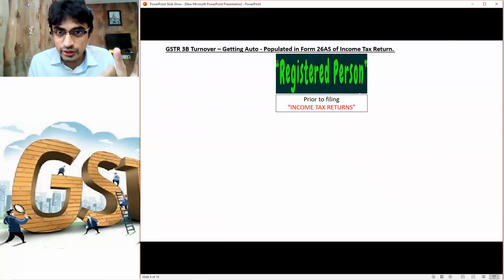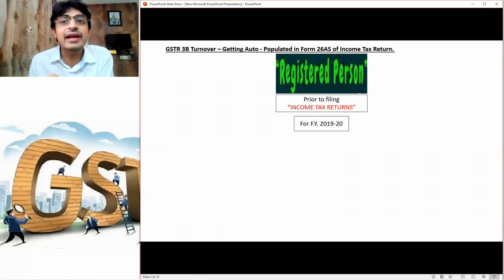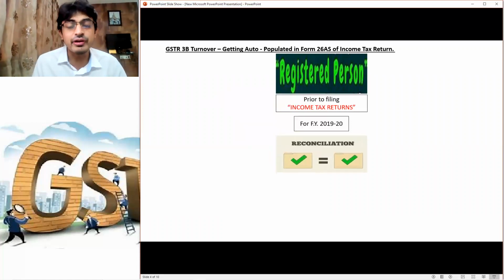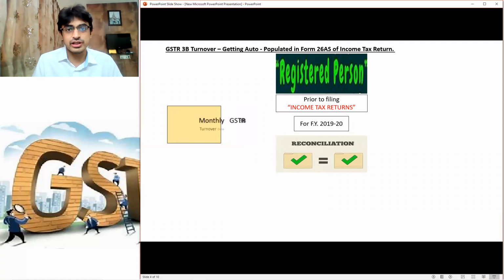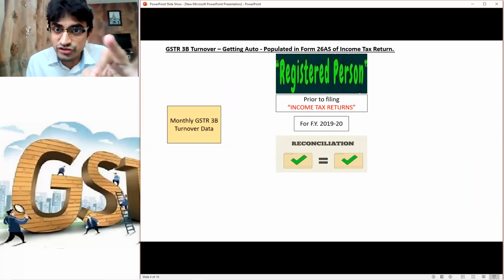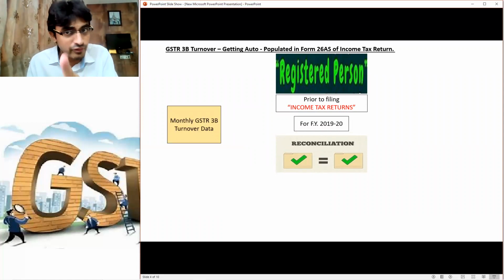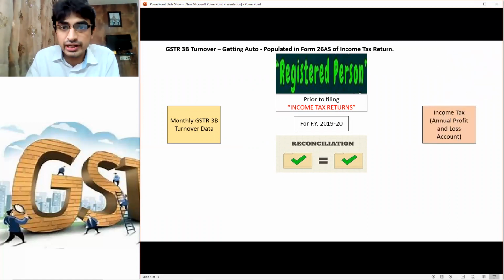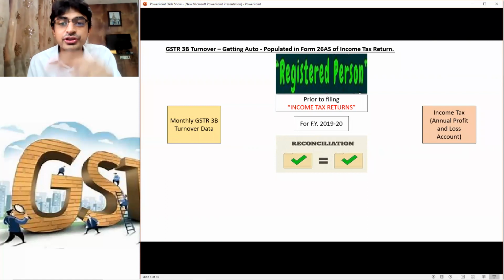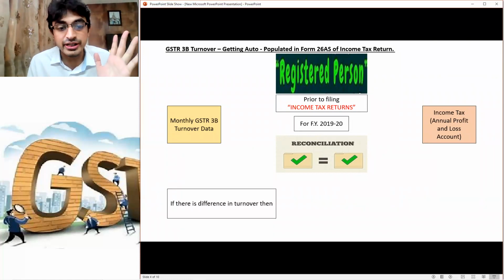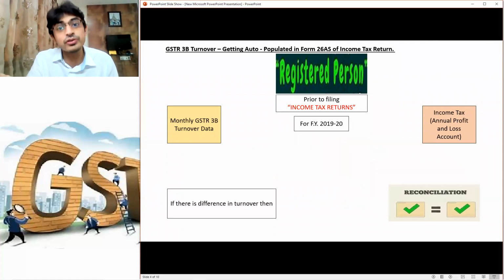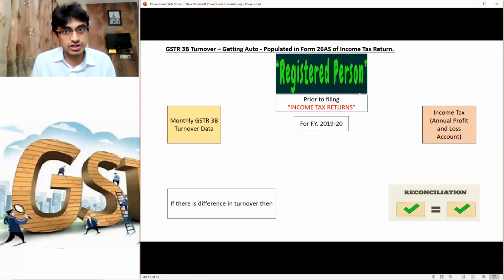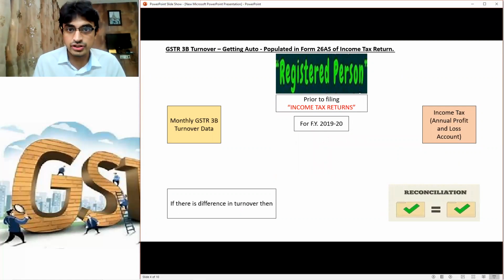Every registered person prior to filing income tax return of financial year 1920 has to do this reconciliation. Monthly turnover which he has declared in GSTR 3B, not GSTR 1, GSTR 3B, with the turnover which he is going to declare while filing income tax return of financial year 1920. If there is a difference, boss, you need to do reconciliation. You need to prepare reconciliation.